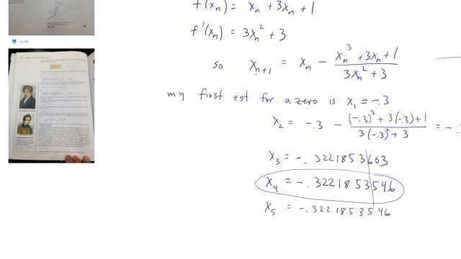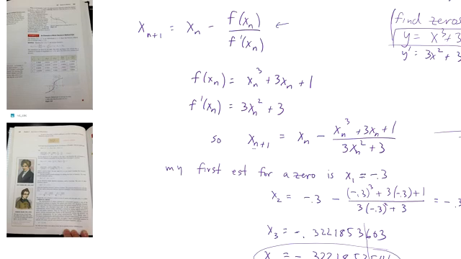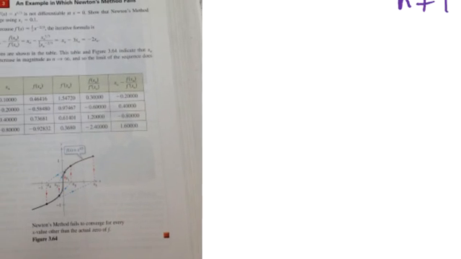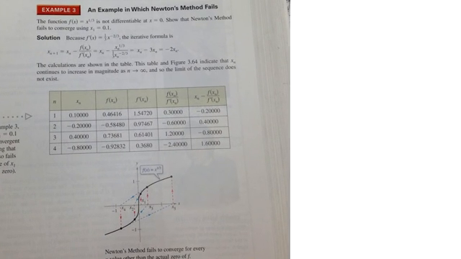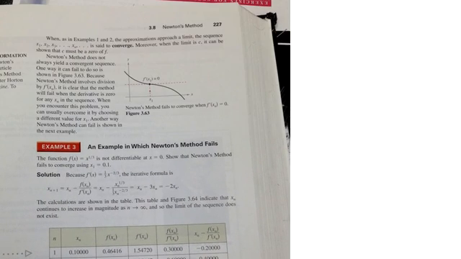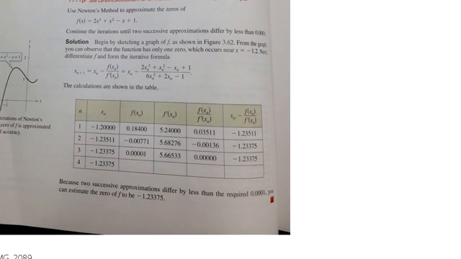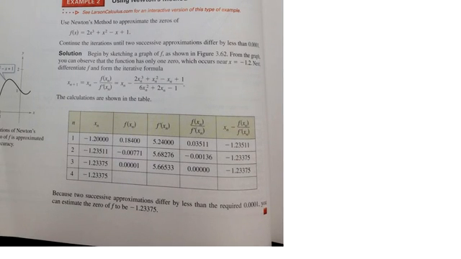Okay, I'm just looking at this example in your book, where they show Newton's method. Here's the formula right here. This is them plugging the equation into the actual function.